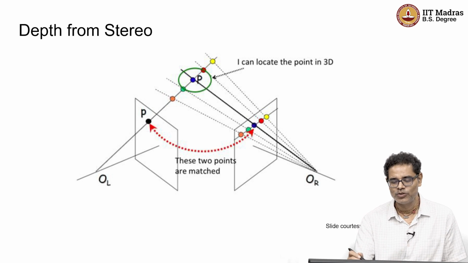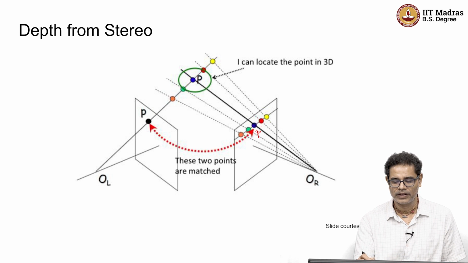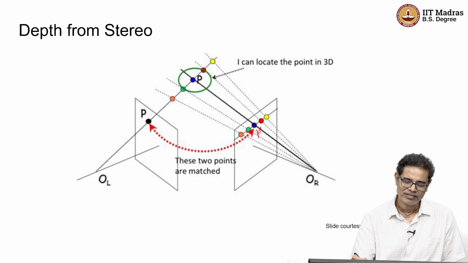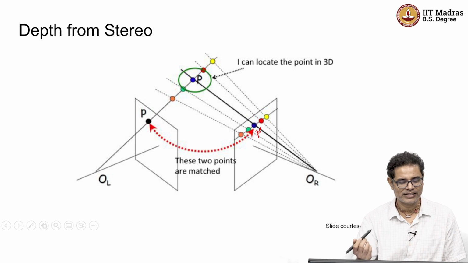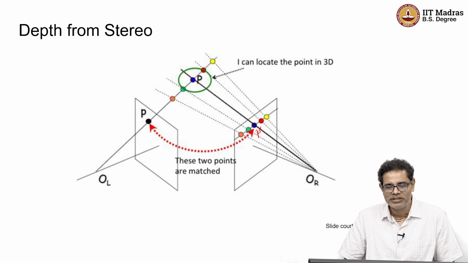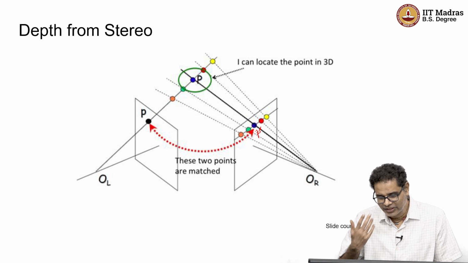But if we are given two images, like the right image also, and we do this point correspondence, say this is my P prime, then I can draw another line connecting OR and P prime, and then these two 3D lines will intersect somewhere, and that is the 3D point, and that is how we get depth.